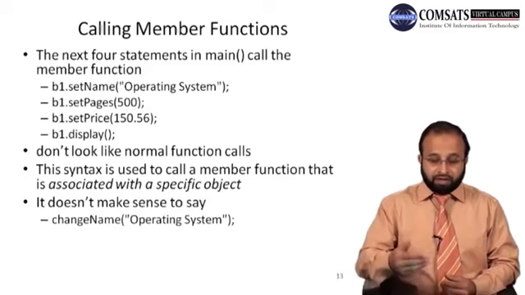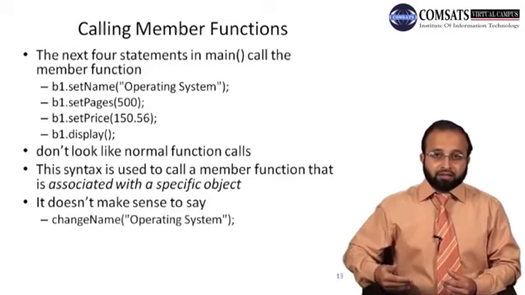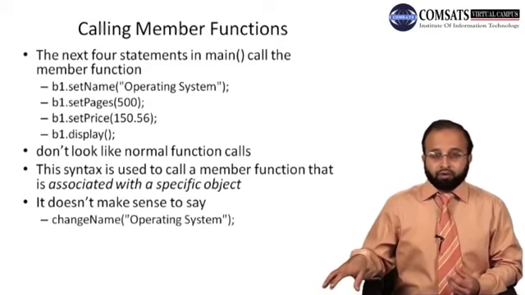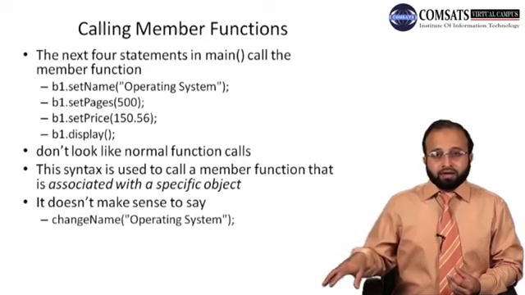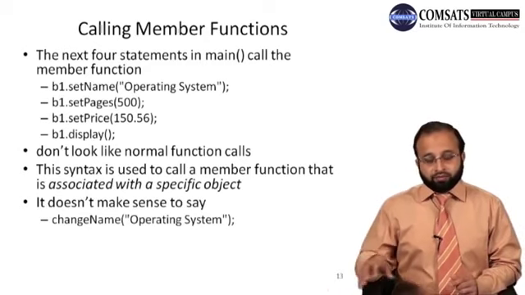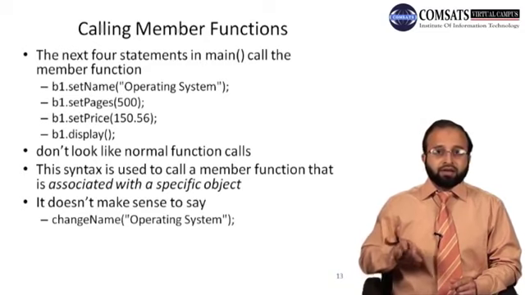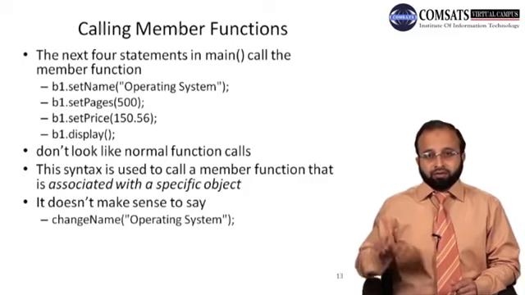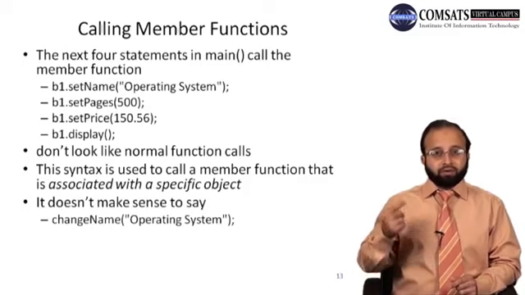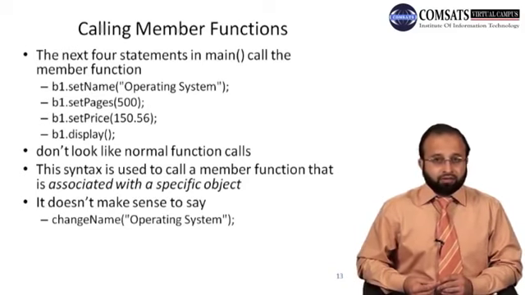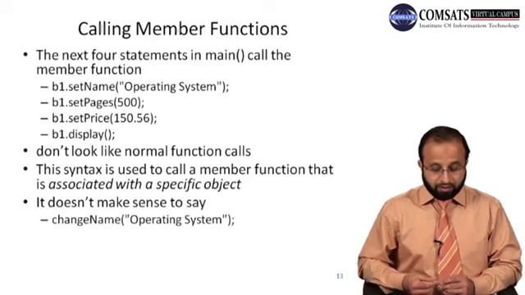क्लास जो आपने लिखी है, if you define a class, it is same as if you define a structure definition, no memory will be allocated until you create a variable of that structure. So if you write the definition of the class, no memory will be allocated for that class until you create an object. When you create an object, then the memory will be allocated for that object. ठीक है, so change name अगर कॉल करेंगे without the object, so it won't assign, and this is a kind of illogical thing, right?